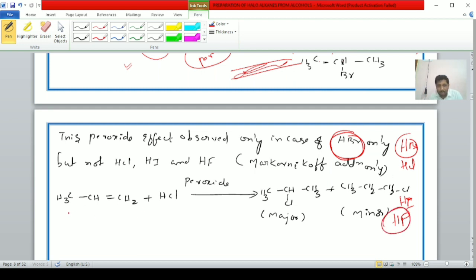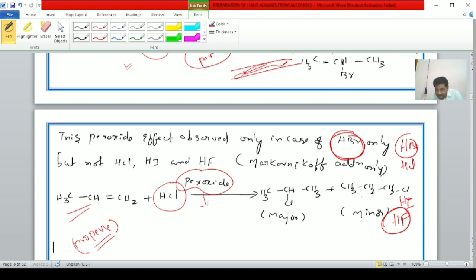For example, student, when propene, CH3-CH=CH2, reacts with HCl, hydrochloric acid, in the presence of peroxide, the major product is similar, that is 2-chloropropane, and the minor product is 1-chloropropane.